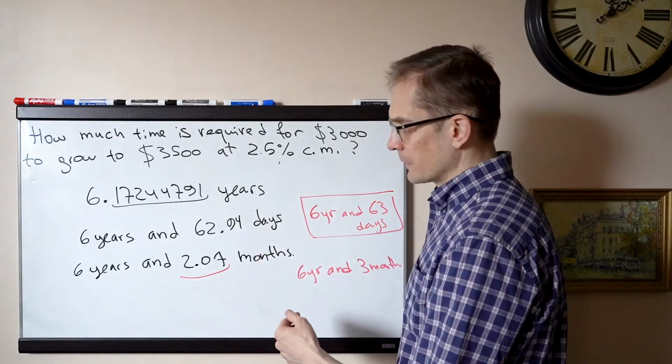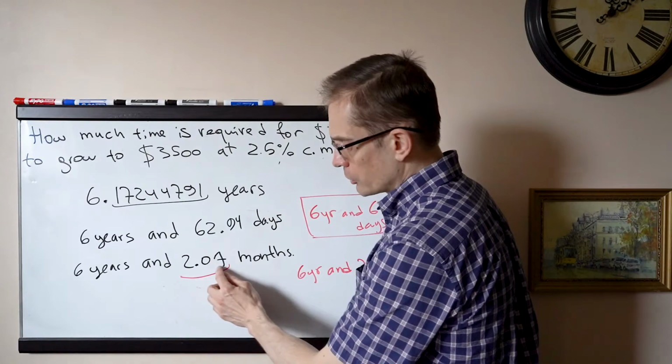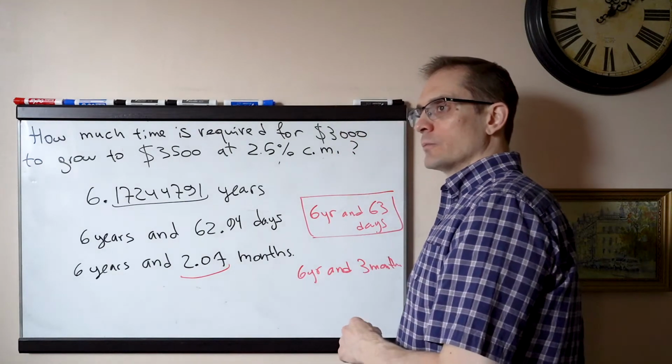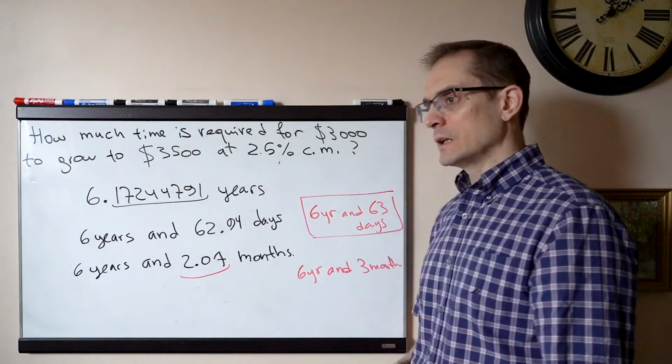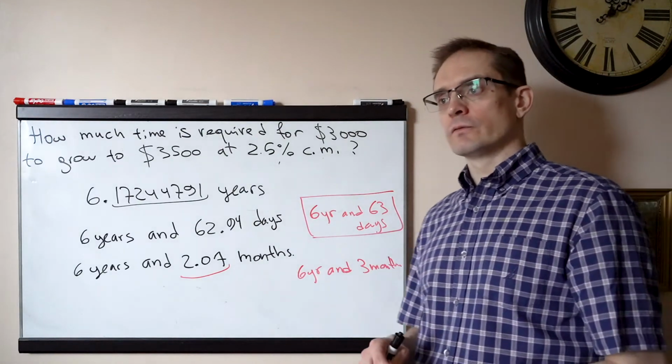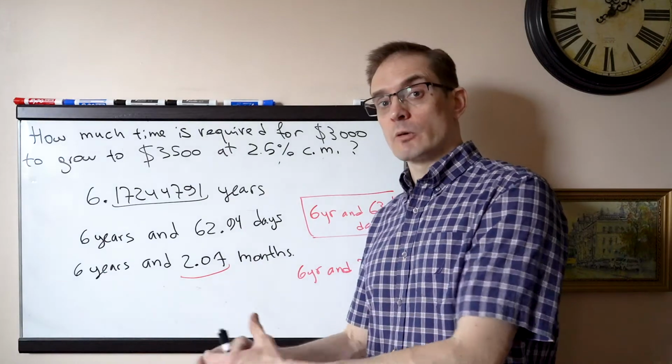So for example, in this case it's 2.07, right? If I just do simple rounding, it will be 2 months. But in our investment problems, we have to round up to the next requested period.